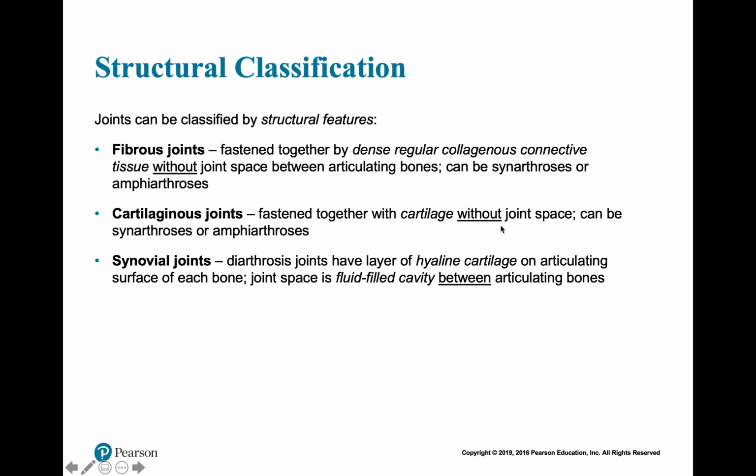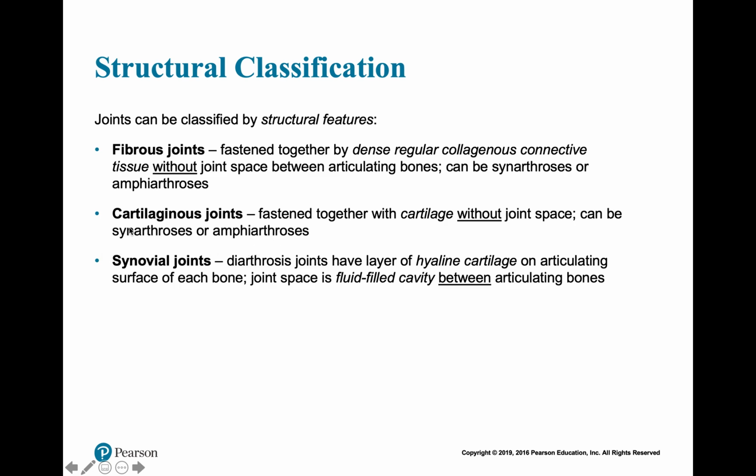So the fact that there's no joint cavity and we have a tough, yet somewhat flexible cartilage binding those bones together, we'll see that cartilaginous joints will also either be synarthrotic, meaning no movement between the two bones, or amphiarthrotic, meaning little movement between the two bones, all right?